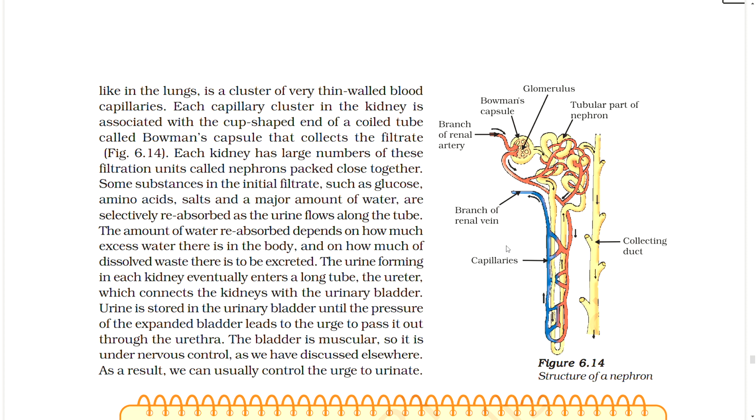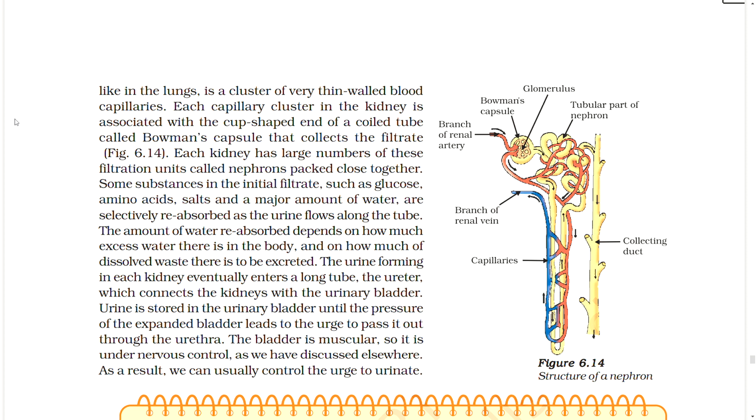Figure: structure of a nephron. Glomerulus, Bowman's capsule, branch of renal artery, branch of renal vein, capillaries, collecting duct, tubular parts of nephron.